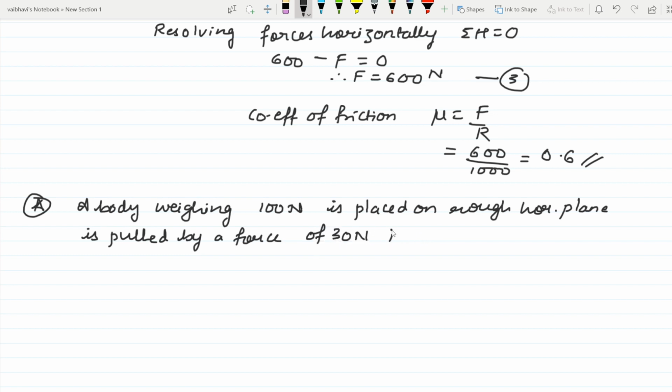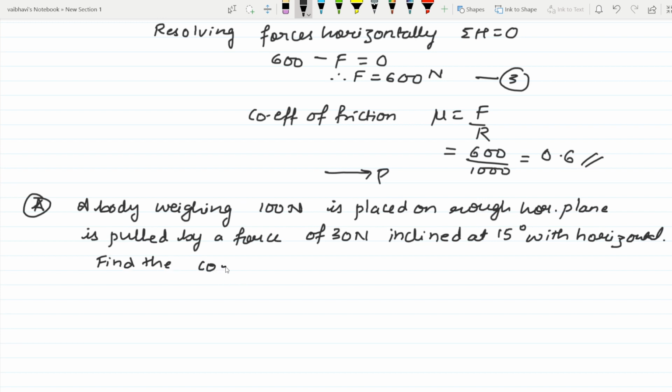This is the change: it is an inclined force, whereas in the previous problem it was horizontal. Here it is inclined at 15 degrees with the horizontal. Again they have asked us to find the coefficient of friction.